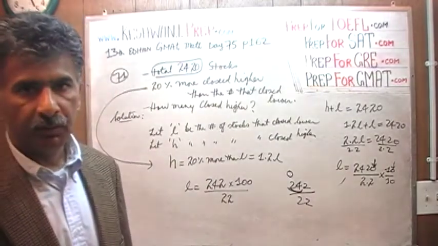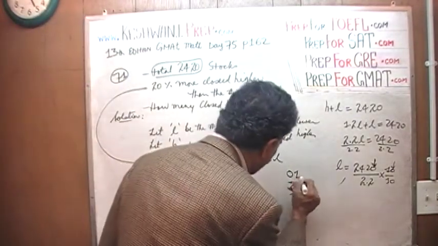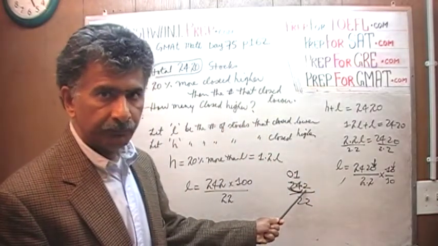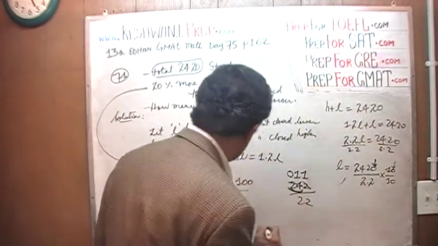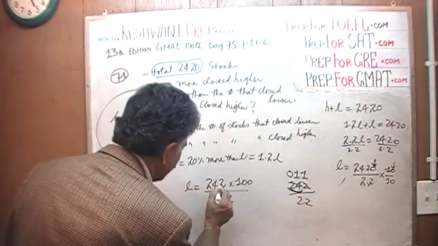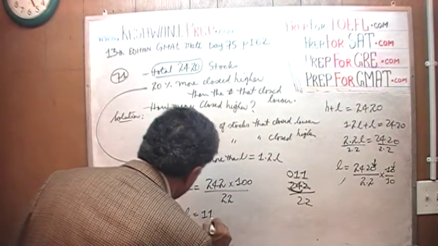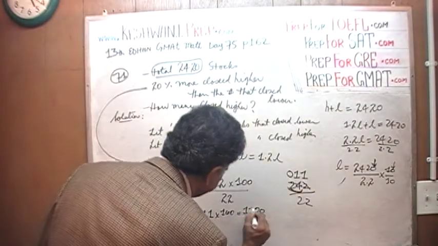How many 22s in a 24? 24 has 1. The remaining 2 goes and joins this guy, becomes 22. How many 22s in a 22? Obviously 1. So 242 divided by 22 is 11. Therefore L equals 11 times 100, or 1100.